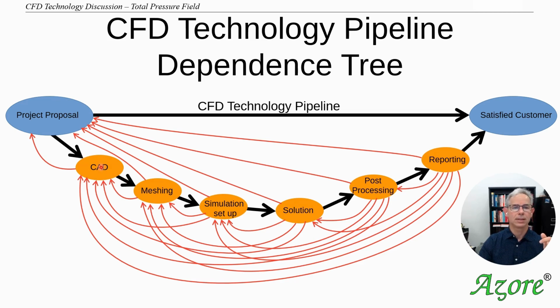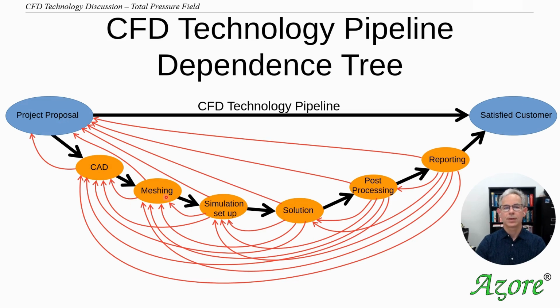So you need to really take into consideration what meshing techniques you're going to use when you prepare your CAD, and so on and so forth, all the way through the whole project pipeline. It's good to have all of that outlined and put forward in your project proposal before you go on to it. So that's the project pipeline, and we talk about these in these CFD technology discussions.